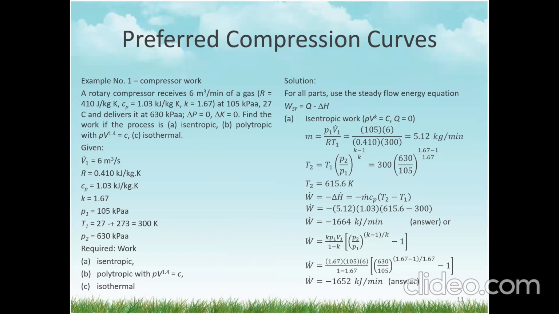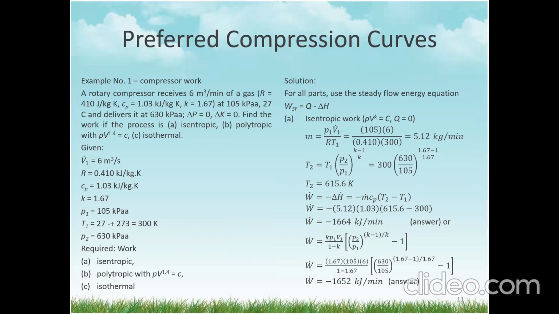Delta P equals 0, delta K is 0. Find the work if the process is A, isentropic, B, polytropic with PV exponent 1.4 constant, C, isothermal. Okay?